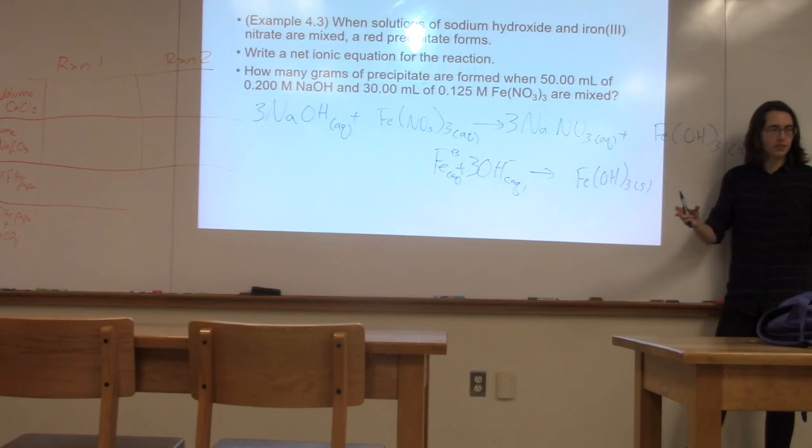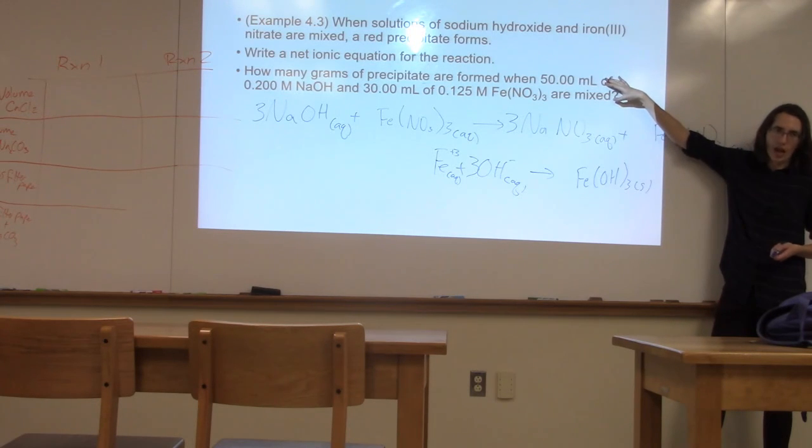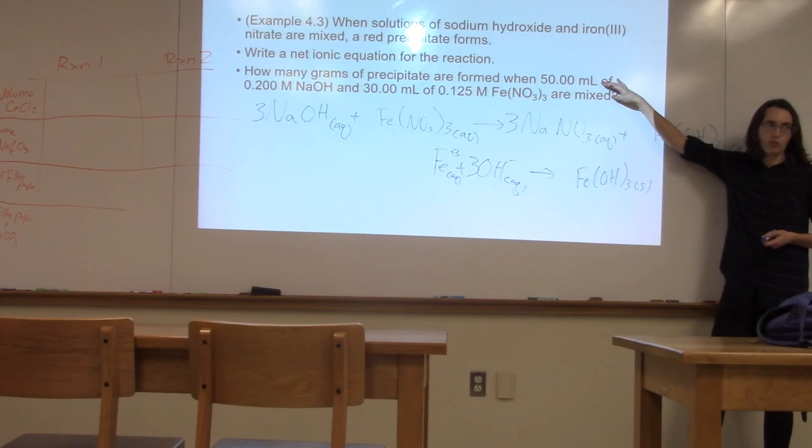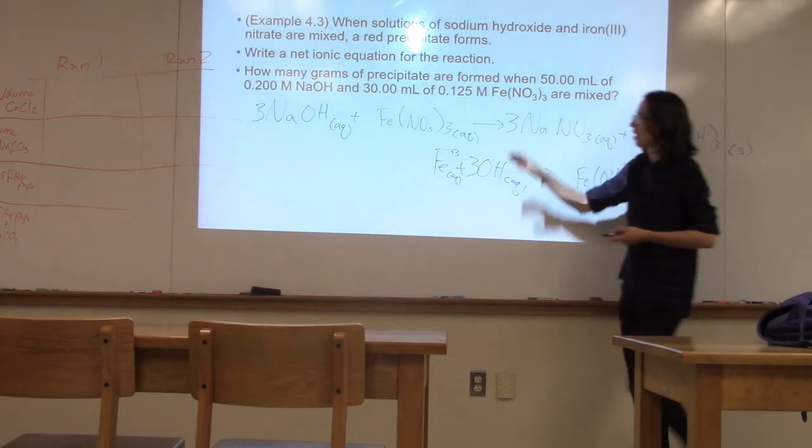We're taking two things, with known concentration and known volume of both. We're mixing them together, the reaction happens, and a precipitate comes out. This is the type of question that I'm going to ask you on the upcoming test, and also the type of question that would be on the final. That's why I'm jumping straight to it, because we have limited time.